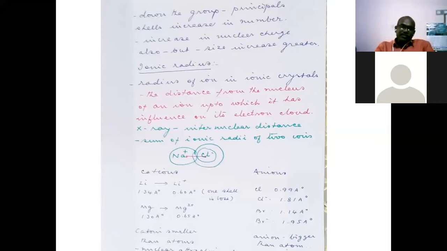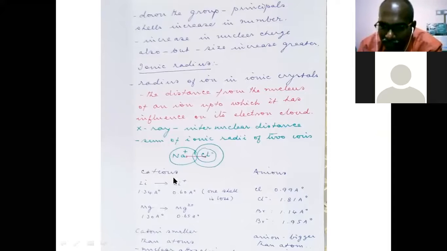Half of that is neither the ionic radius of sodium nor the ionic radius of chlorine. That is why the definition is clearly given as the distance from the nucleus of one ion up to which it has influence on its electron cloud. So it can be taken as the sum of the ionic radii of two ions: the ionic radius of the sodium plus ion and the ionic radius of the Cl minus ion. If you sum these two, you will get the internuclear distance.